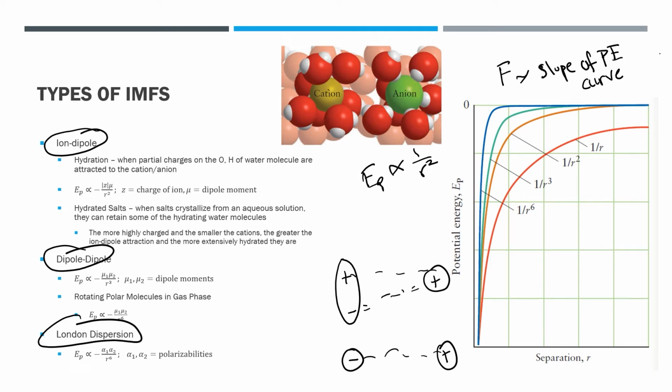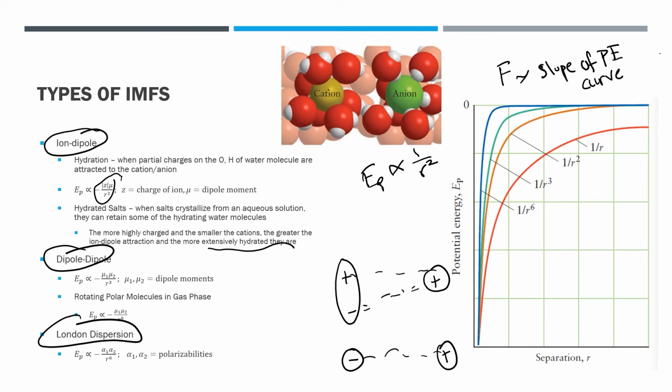If we have a really small cation and a highly charged one, that means that my potential energy and my force is going to be much higher, because it's more highly charged and it's smaller. That makes my distance smaller, which means that my force is going to be greater. So the more highly charged and smaller, the greater these attractions are and the more extensively hydrated they are, because the stronger the ion dipole forces will be. So that's just an example of ion dipole forces at work.